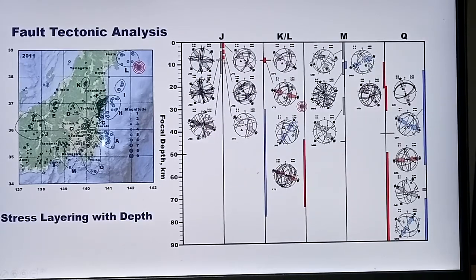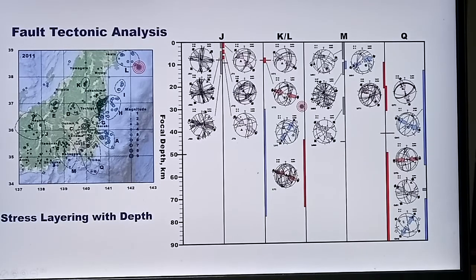The crust J here, at the shallow crust NW-SE compression, but deeper crust WNW-ENE compression. In the other cluster, a similar aspect is found.